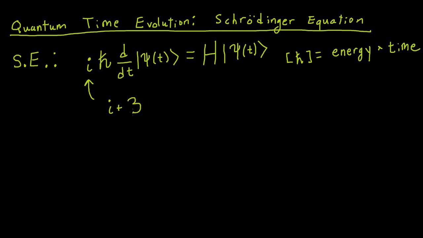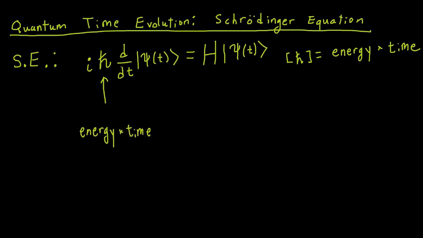And because numbers like 1 and 3 don't have any units, because you can add i to numbers without units, it makes sense to say that i itself doesn't have any units. So i is unitless. It's like 1. Now next, the dimensions of h bar, as we already know, are energy times time.